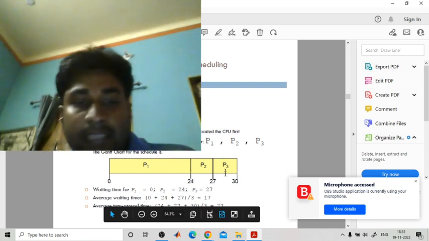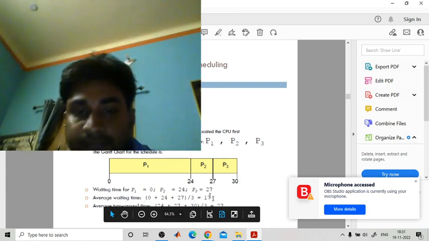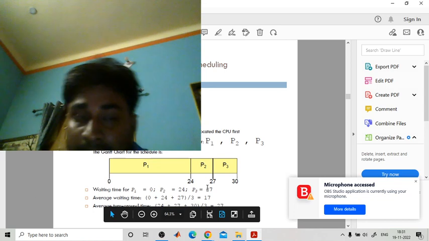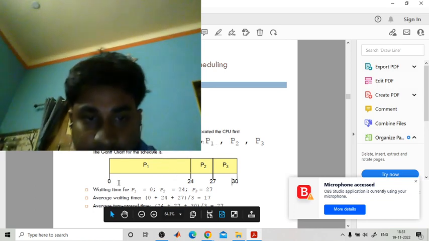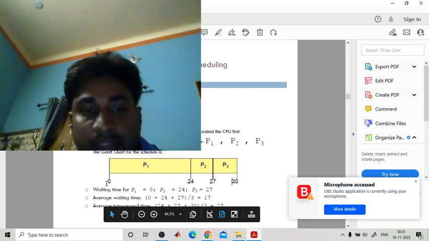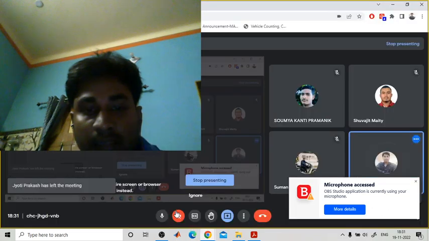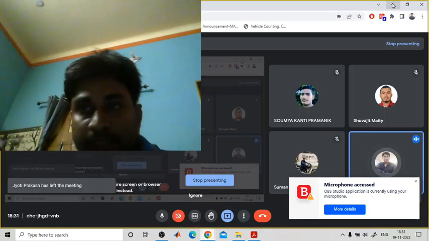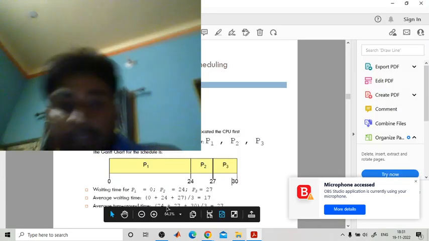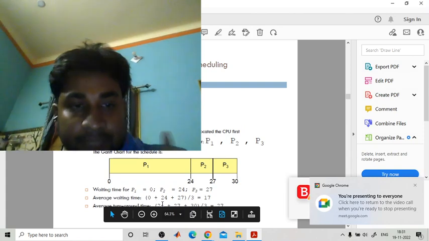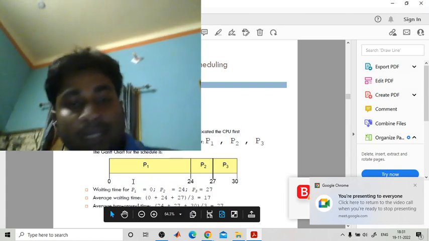Then we have to find the turnaround time. See that turnaround time will be here: P1 came at 0 and left at 24. So 24 minus 0, that will be the entire turnaround time. Okay. So for the process P1, 24 is the turnaround time.